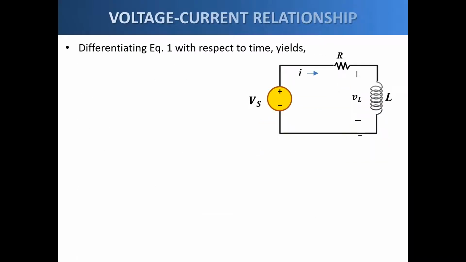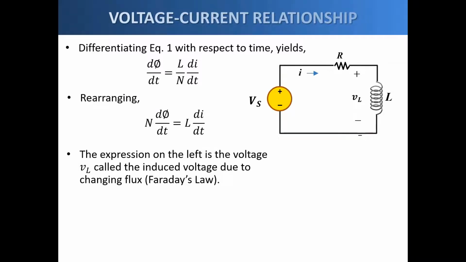Let us try to differentiate equation 1. That will give us this equation. And let's do some rearrangements. We will notice that this expression on the left gives us the voltage across the inductor.